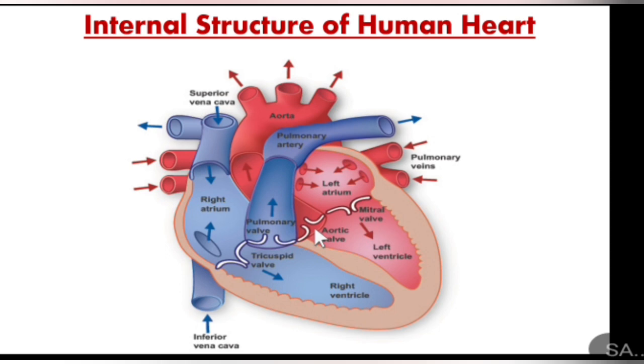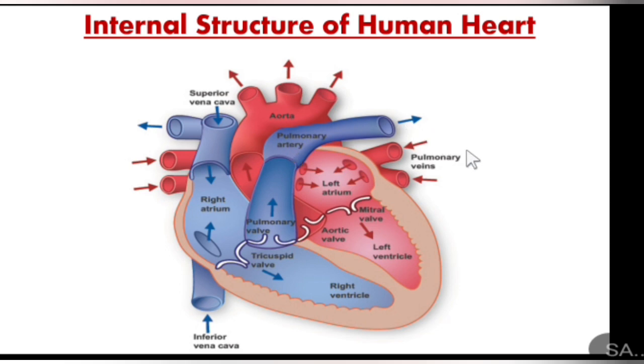Okay, now we'll talk about the four vessels. Here I've discussed pulmonary artery. Pulmonary artery is the only artery, by the way, which contains deoxygenated blood. Other arteries in our body contain oxygenated blood. So pulmonary artery carries deoxygenated blood to the lungs for oxygenation.